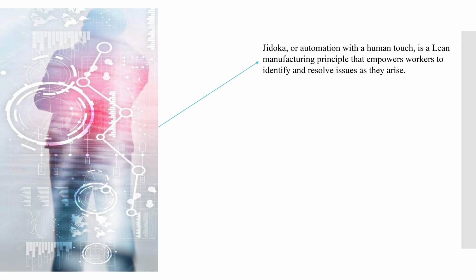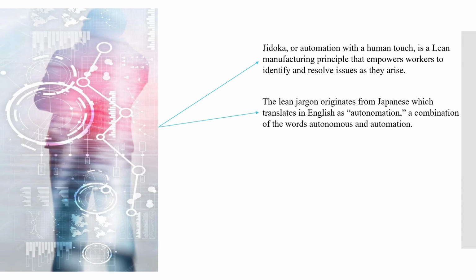Here automation deals with a kind of human touch, with a kind of human intelligence. It is a lean tool which has the power to help workers identify and resolve various issues as they arise.